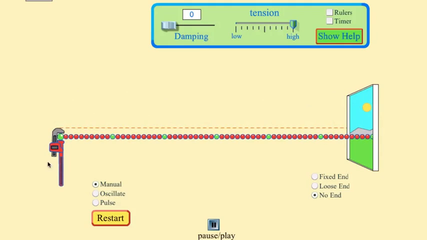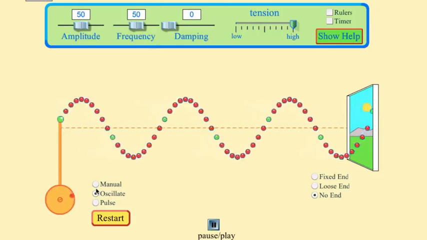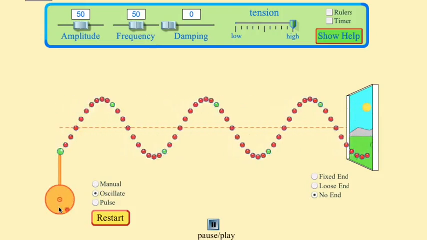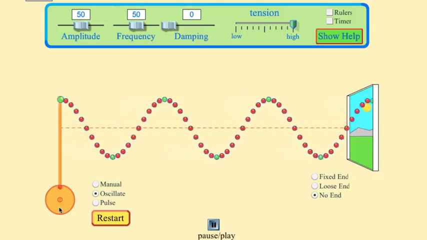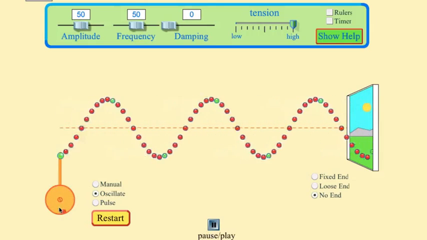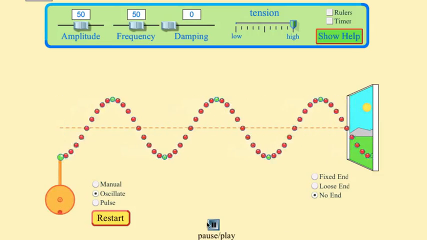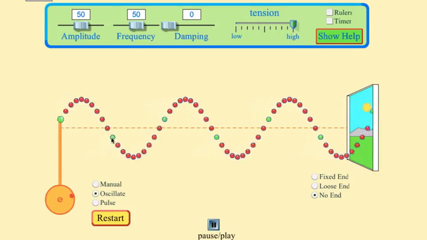And frequently, we deal not with random perturbations, but with periodic oscillations, usually in a sine wave pattern, as is done here. Each point on the rope is oscillating periodically, and they're all oscillating with the same frequency, which is the frequency that this motor is oscillating with.